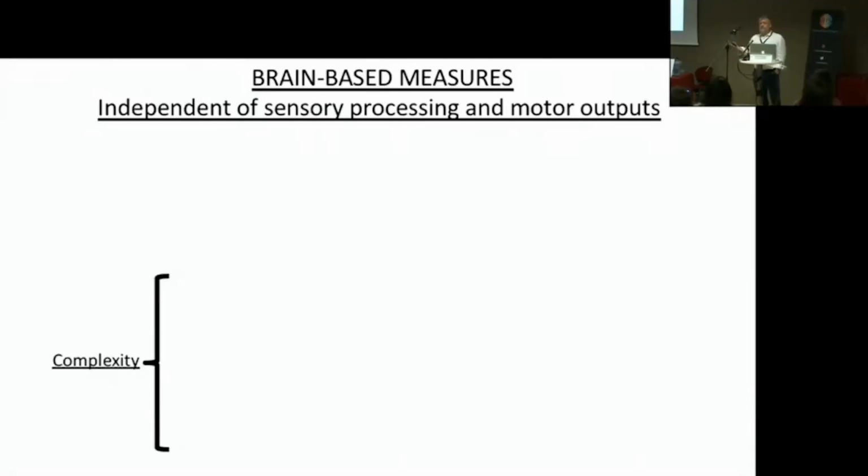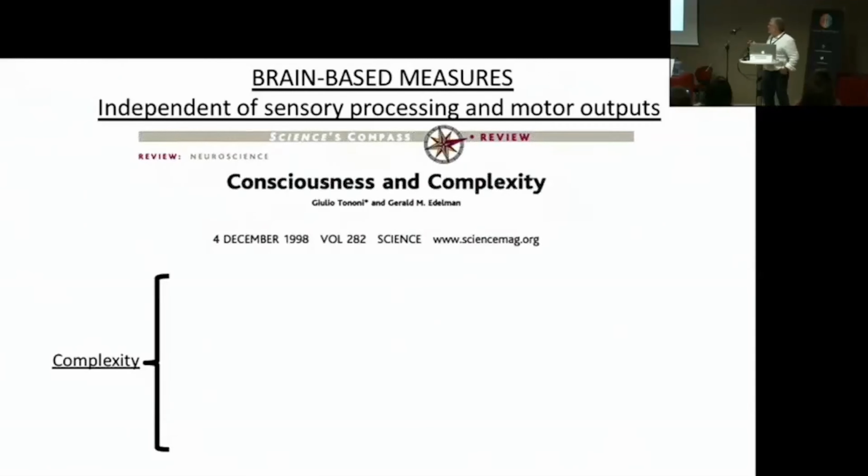There is an alternative approach, which stems from the importance of brain complexity for consciousness, and this is the very first paper that linked these two concepts, in 1998, authored by Giulio Tononi and Gerald Edelman.